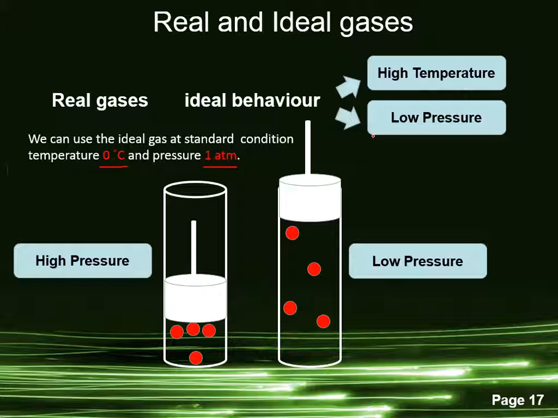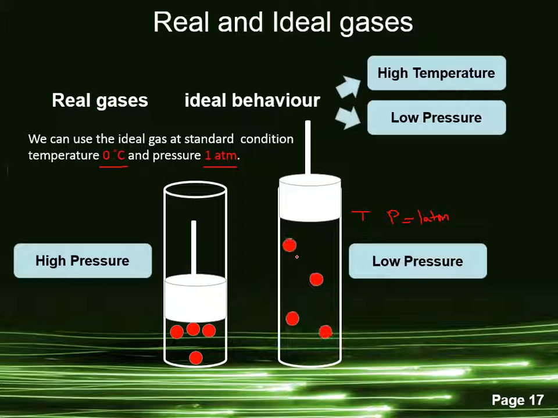Suppose we have the cylinder below, the right side at constant temperature and 1 atmosphere pressure with four molecules. In this system, the distance between two molecules is much larger than the actual size of the molecules themselves.